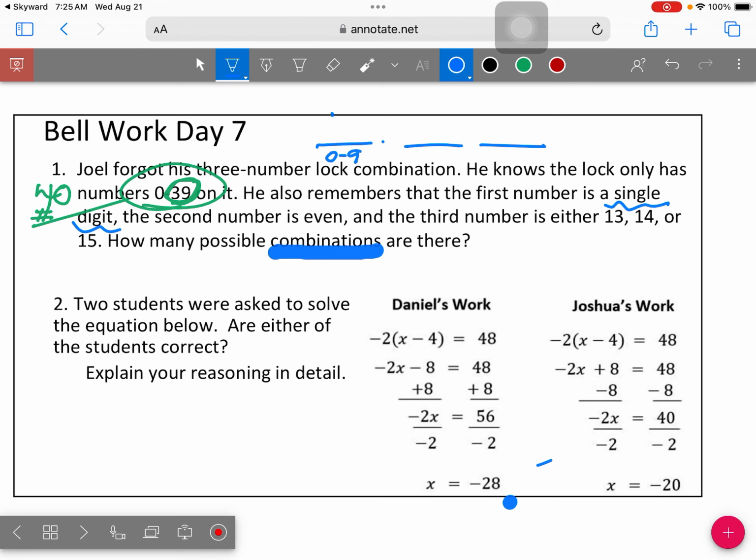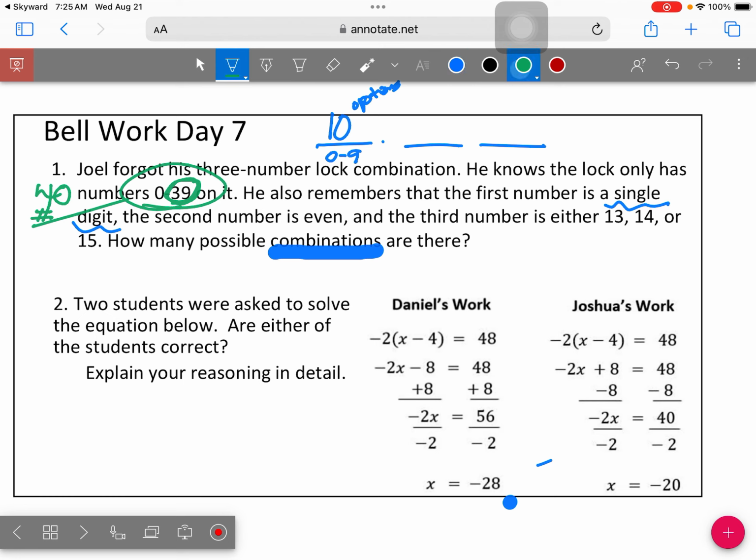So you have 10 possibilities for that first place number. Yes, but this isn't saying it is a 10. That says there are 10 options. Okay, we're talking about number of options. Is everybody with me? And I appreciate you saying that. That is not the number. That is how many we have to choose from.